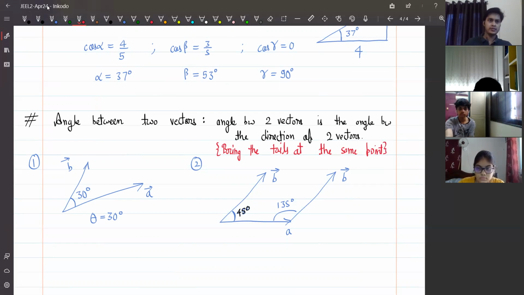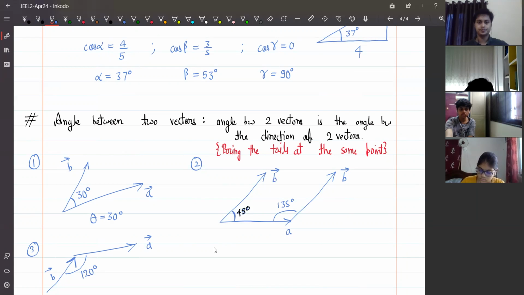Remember this trick, and you will be able to find the angles. Okay, let us solve a few questions. Find the angle between A vector and B vector.